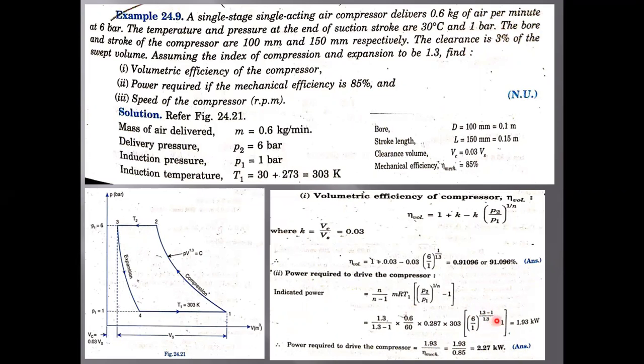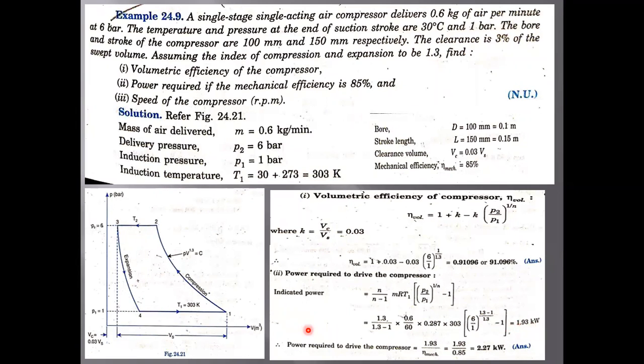See here, he has taken the correct one only, but here he made a mistake: this is n minus 1 by n, where n is 1.3, so 1.3 minus 1. If we calculate this whole thing, we get the value in kilowatts, which is 1.93 kilowatts.